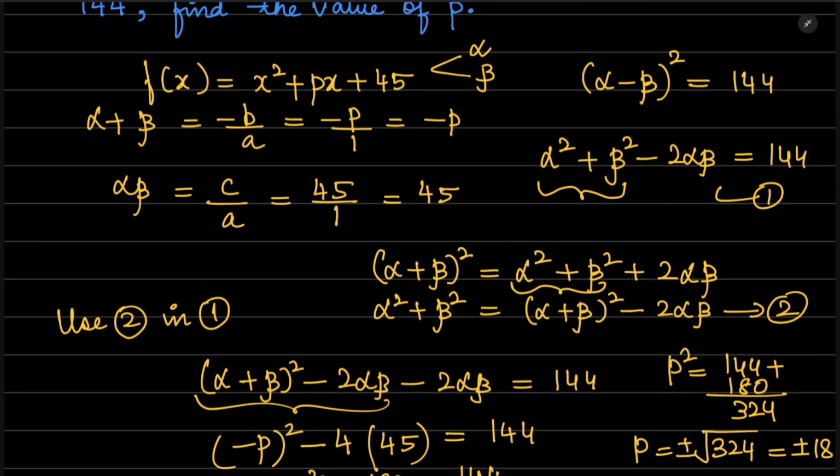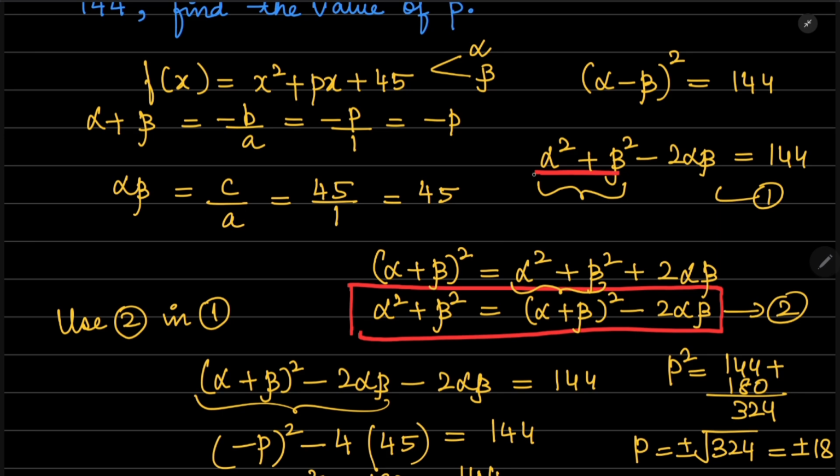In order to do this problem, this formula is very important. You have to learn this identity, that is alpha square plus beta square equal to alpha plus beta the whole square minus 2 alpha beta. Only then can you replace alpha square plus beta square with this expression.